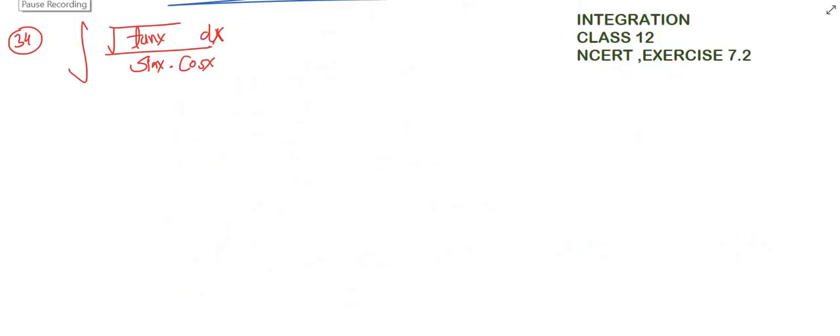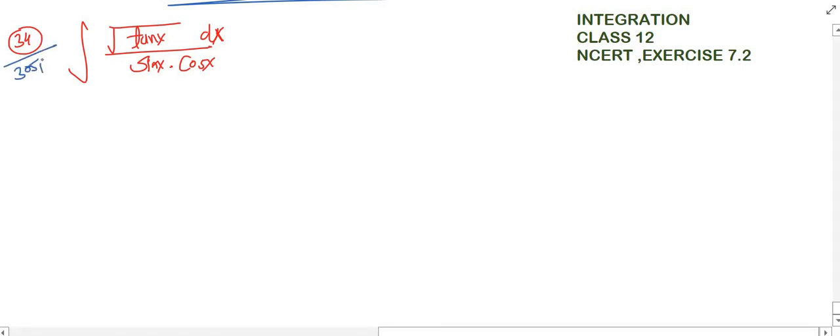Think a little: what can we do with this question number 34, which you will find on page number 305? It's a very important question on NCERT page number 305. In these types of questions, when there are so many sin, cos, tan, what do we do?